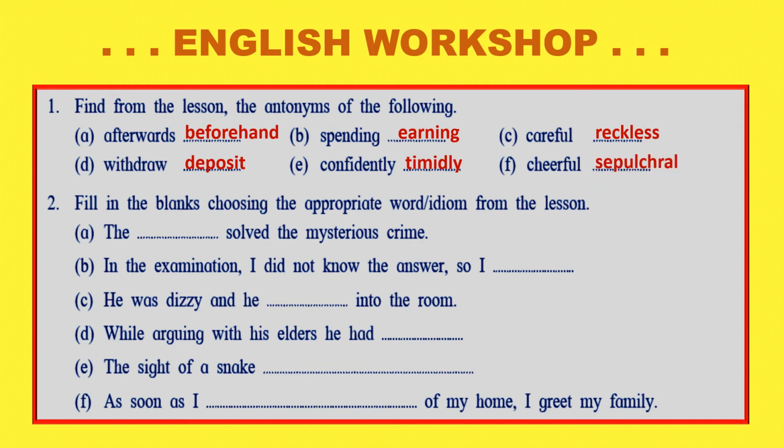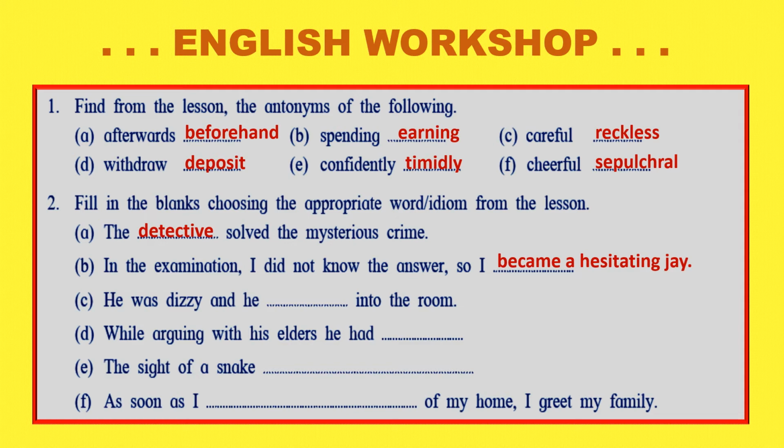Next question. Fill in the blanks choosing the appropriate word or idiom from the lesson. The detective solved the mysterious crime. Now from the lesson, we have the word detective. In the examination, I did not know the answer, so I became a hesitating jay.